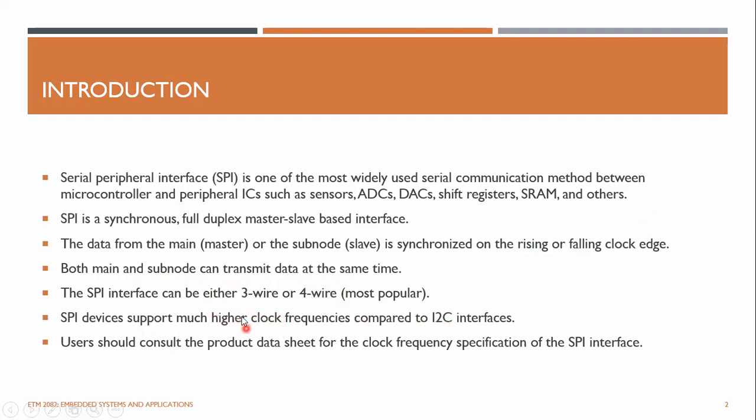We know I2C is for communication between 100 kilobits per second to 400, but SPI supports up to the megahertz range. The clock rate that you should use for a particular peripheral should be decided based on the manufacturer's specification of the device. In that case, you have to refer to the datasheet specifications.